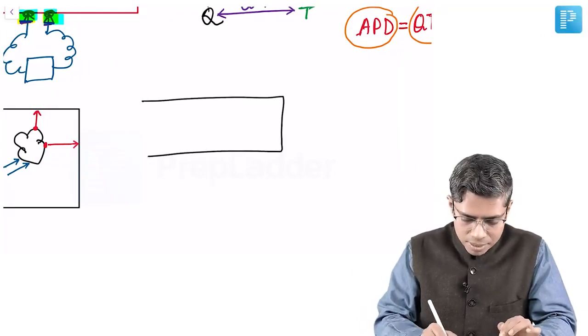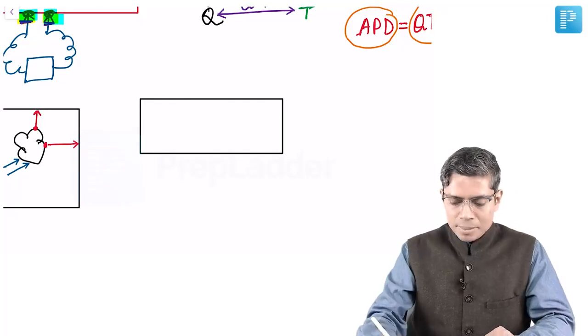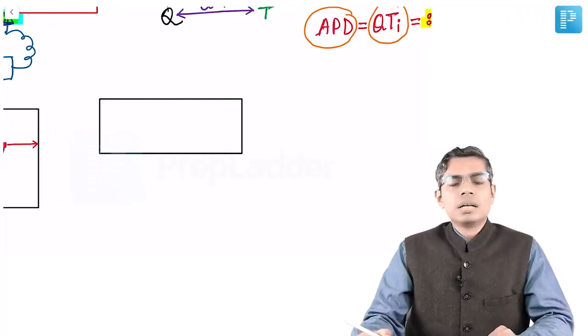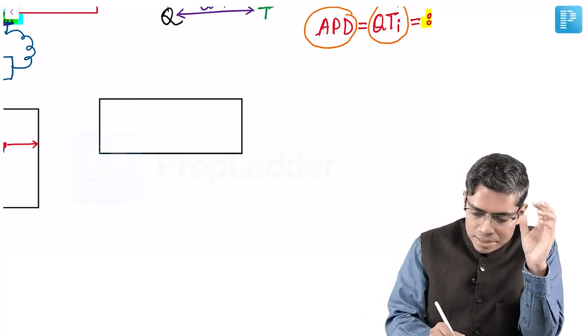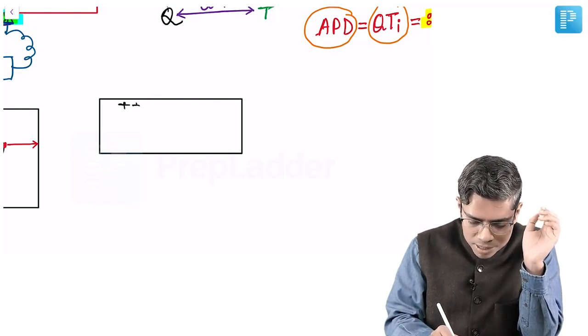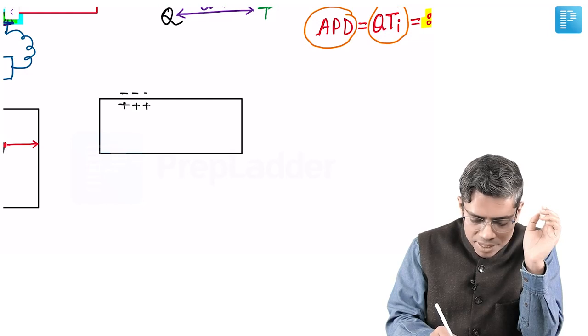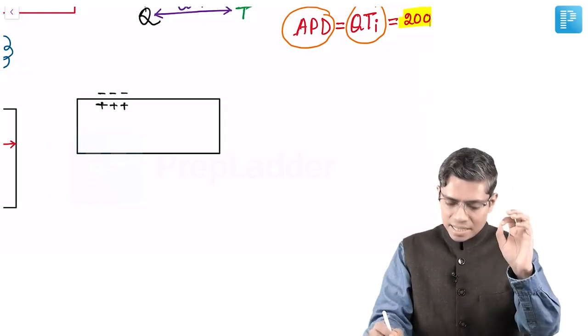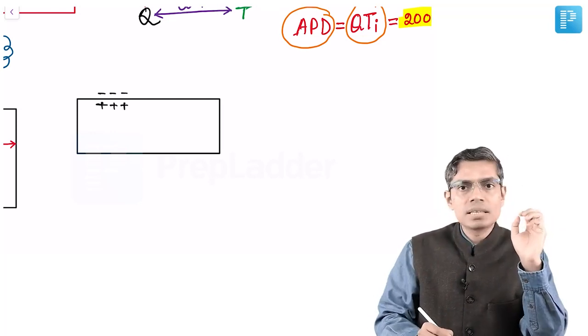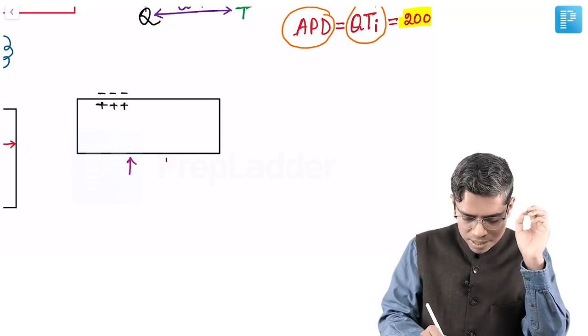So whenever you are saying depolarization, we know that the interior of the cell will be positive and the outside will be negative. That is the meaning of depolarization. We know this concept. In ECG, we are recording the potential from the surface.